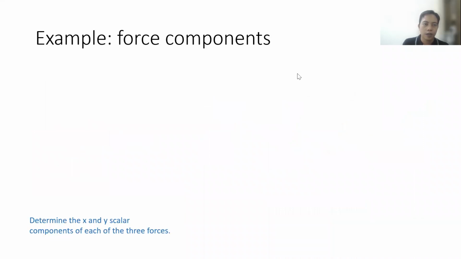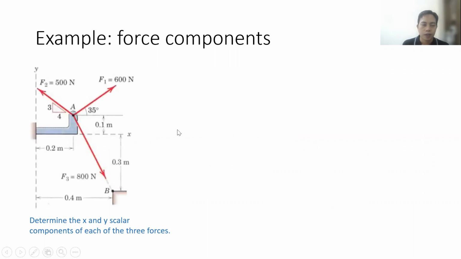So now we have an example of force components. We have one bracket and three external forces working on this bracket at the same location, with the same point of application here.